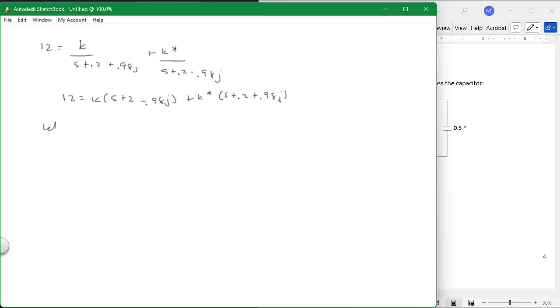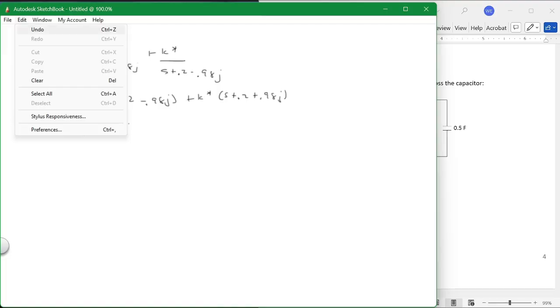Let s equal minus 2 minus 0.98j, minus 0.2.